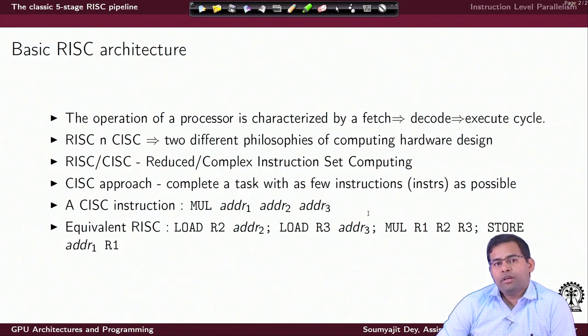Now, of course, as we can see, this is quite a lot of work. It is going to load data from the main memory, multiply those data points and store the result back to the main memory, all done by executing a single instruction.